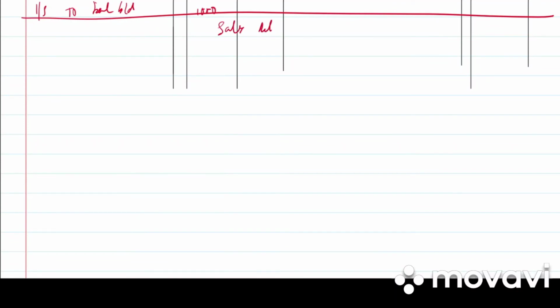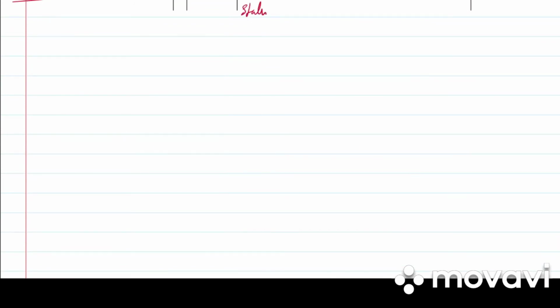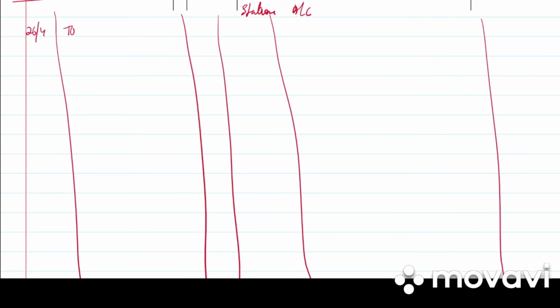Next we have sales return account. 22nd April, to Kushal 1,200. Then we have stationery account. 26th April, to cash account 100.